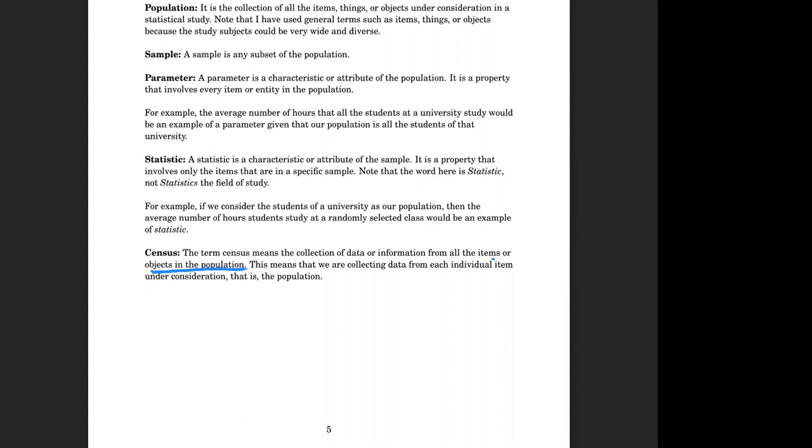Everybody in the population. When we say we are taking a government census, that means we are collecting data from all the people in the country. In theory, we try to do so, or as much as we can.